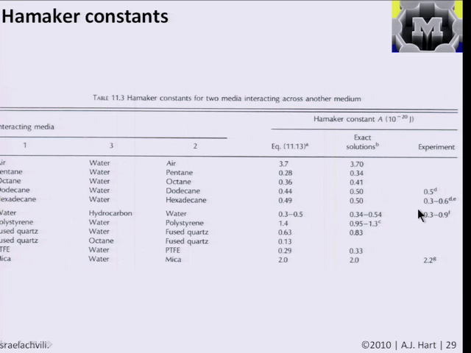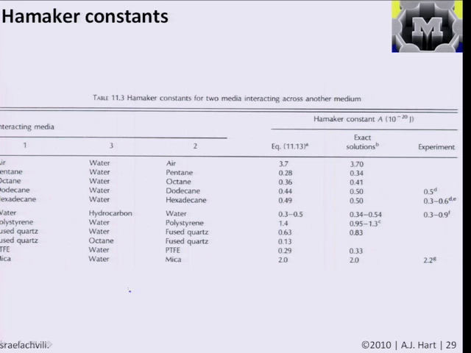And the reading also talks about how we can take the Hamaker constants of one material in itself interacting across vacuum, which is typically what's calculated from this theory, and how we can get values of constants for interactions across different media. And this is an approximation, but for our purposes it works reasonably well.